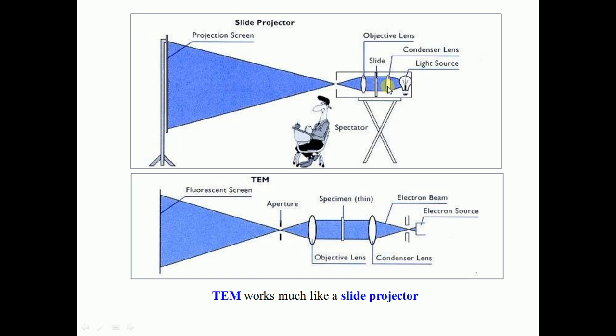These are optical lenses, and the slide where the material to be projected is written or photographed is kept here, and we see on the projection screen the magnified image of the slide. Very similarly, the slide is replaced by a specimen, a very thin specimen, and these lenses are replaced by the electromagnetic lenses, objective lens and condenser lens. And importantly, the light source is replaced by an electron source, and we get a very similar type of image in TEM as well.